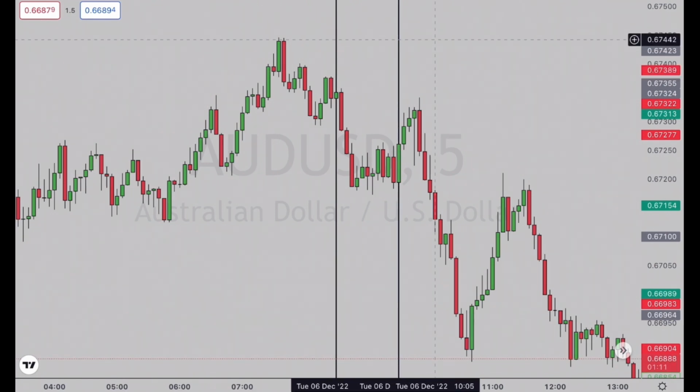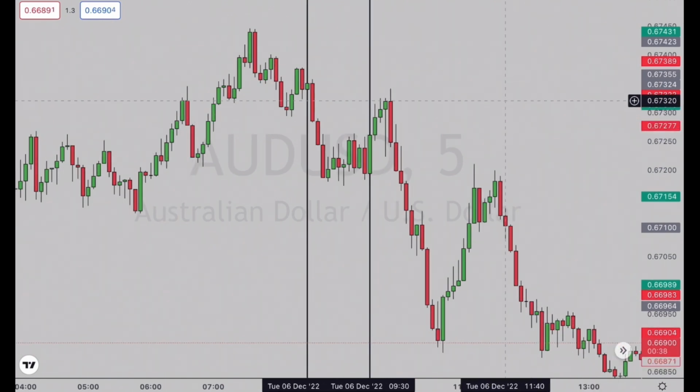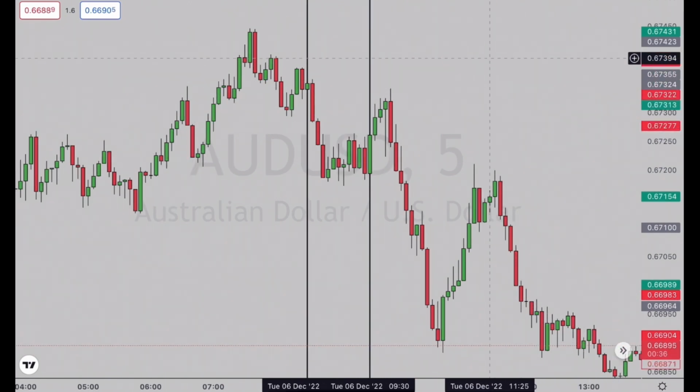Keep in mind guys, we only want to trade at 8:30 or at 9:30, and we want to finish trading at noon at most. Okay, so what is the point of time and price theory?